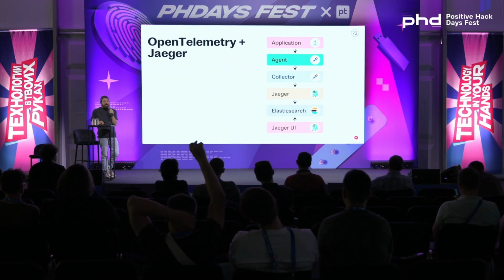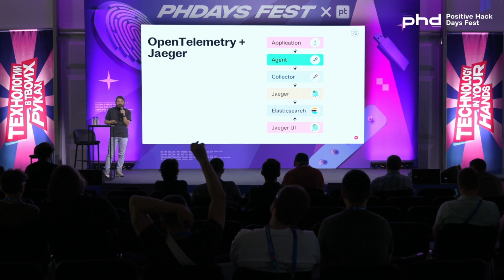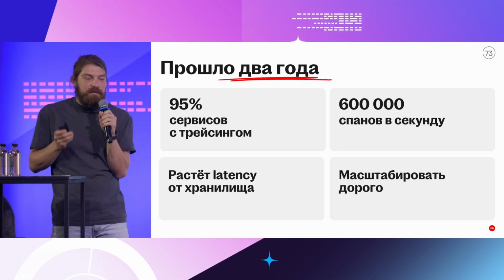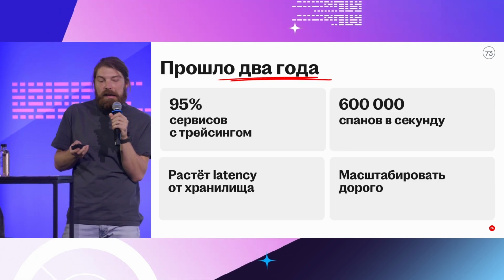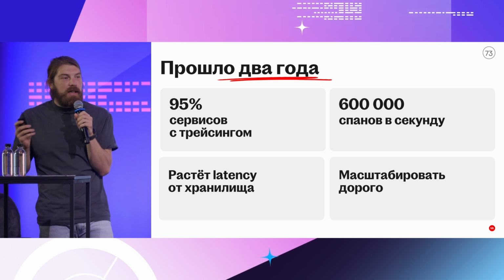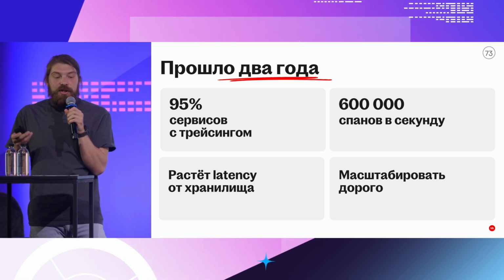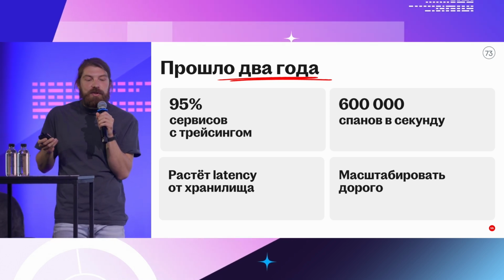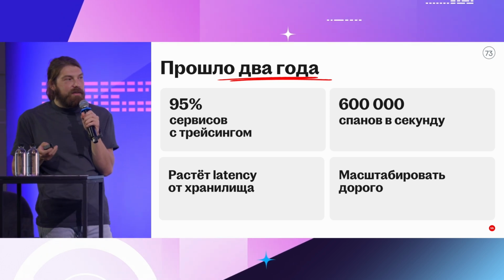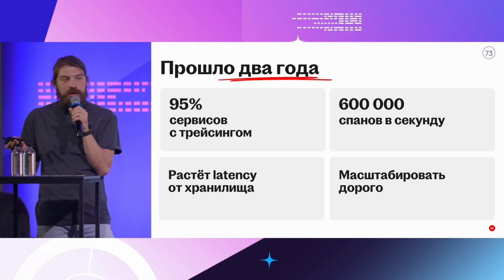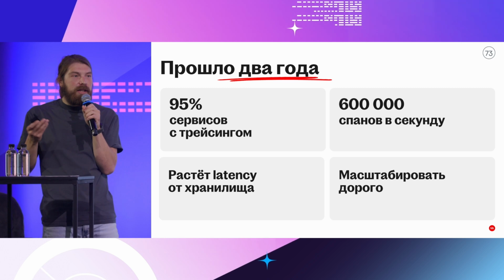After some time, and let me remind you that we had this schematic from the application to Jaeger, and we were more or less happy about this. We had it for about 2 years, and over that time we covered everything with tracing. The RPS grew quite a lot, up to more than 600,000 spans per second.